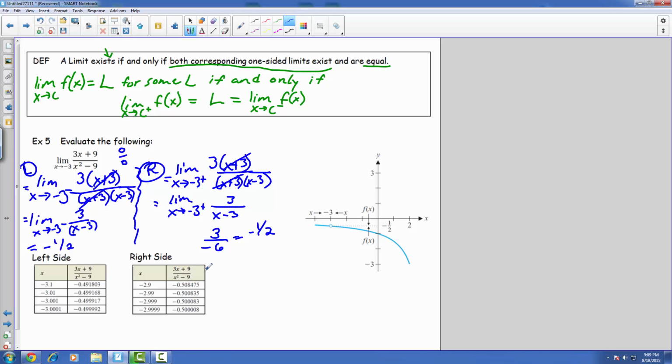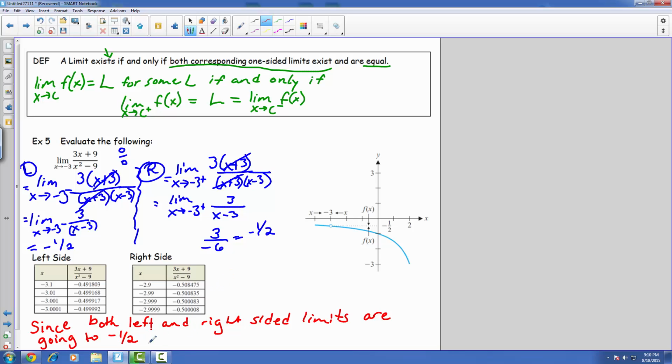So our final answer, and especially how this relates with our definition, is since both the left and right-sided limits are going to negative 1/2.